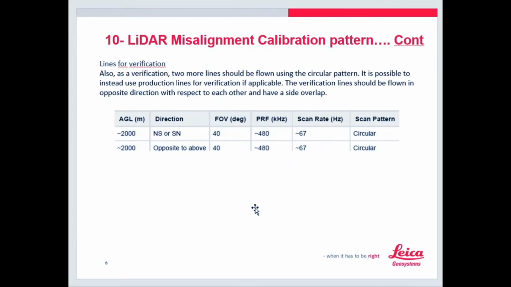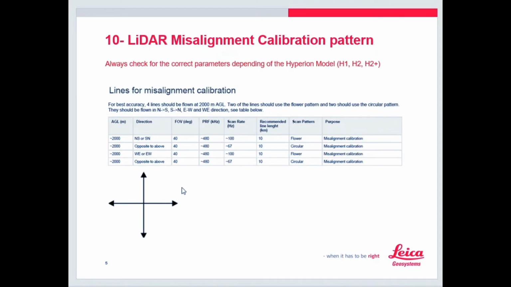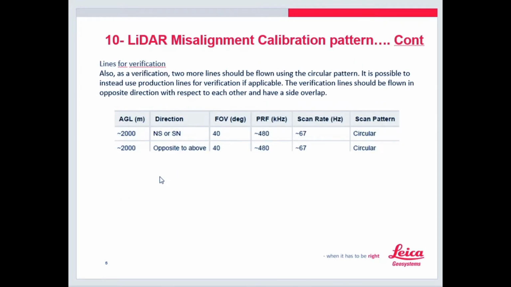And additionally, we have two lines for verification that can be flown either north-south, south-north, or east-west, west-east. It doesn't matter. It must just be parallel to one of the directions, and also just one line flown in both directions, and this has to be flown with a circular pattern.